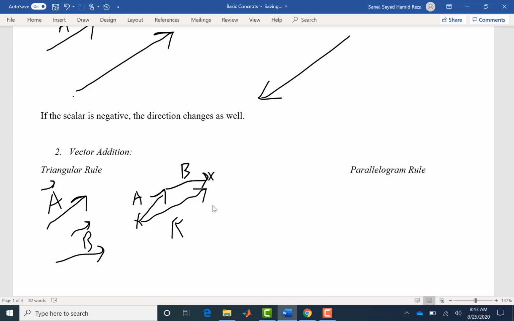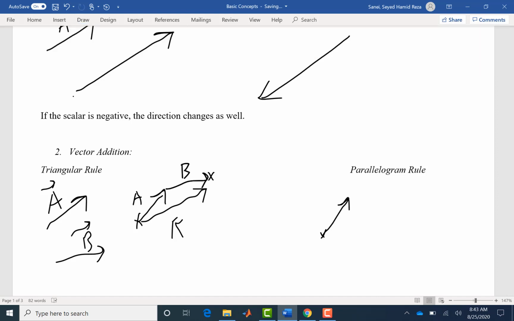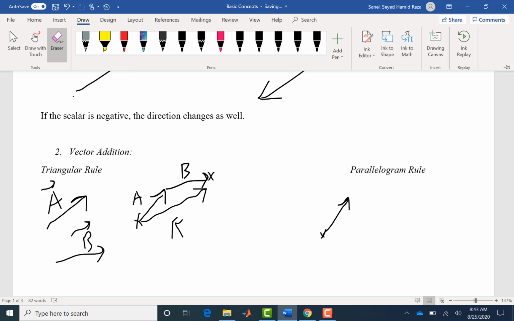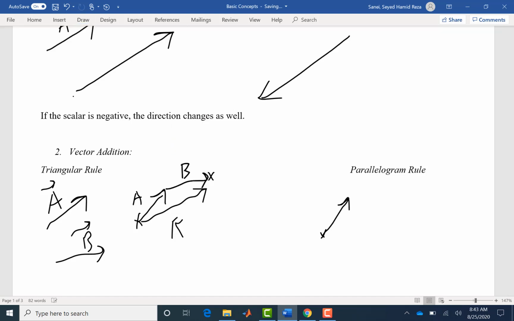For the parallelogram rule, it's saying that we place both of them and I start both of them at the same point and then draw parallel to each other. Let me fix my vector B here. That's not vector B. So vector B is something like this.